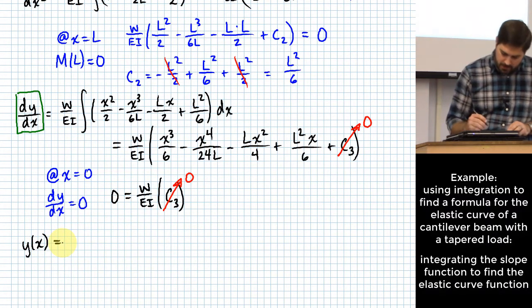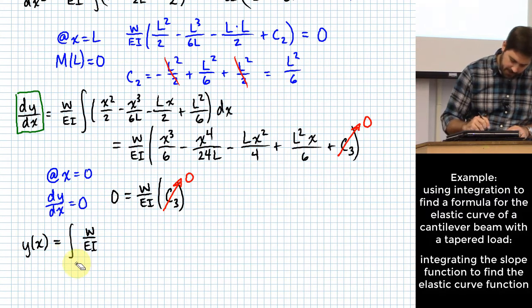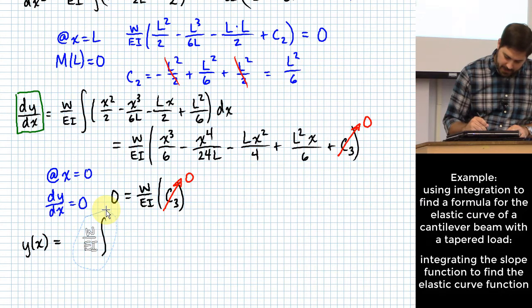It's going to be this antiderivative of W over EI. I meant to put that like I've done in the other ones, outside of the antiderivative.